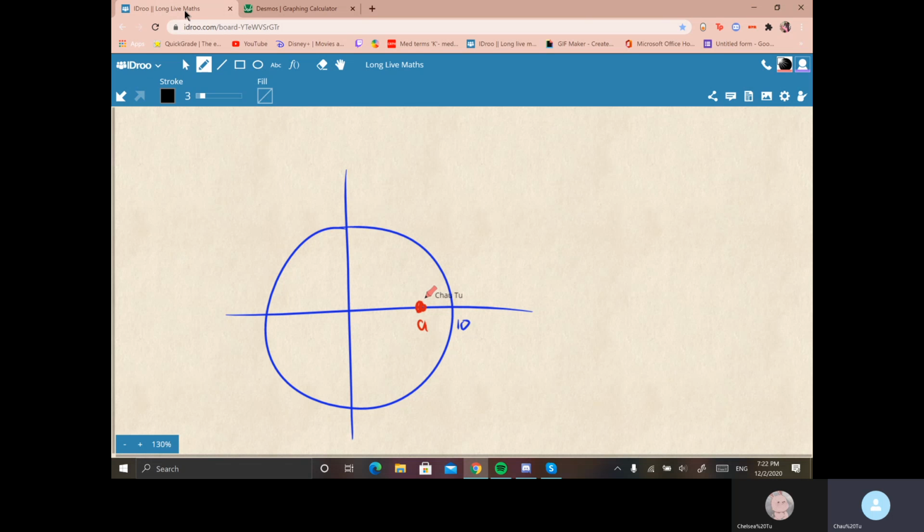It would be A comma what? What's the coordinates right there would be A comma 0. It has a height of 0, Chelsea. Oh, I didn't see that. I forgot. Oops.